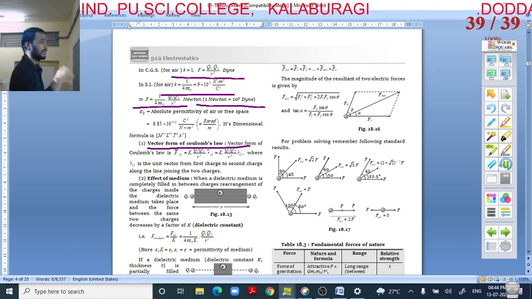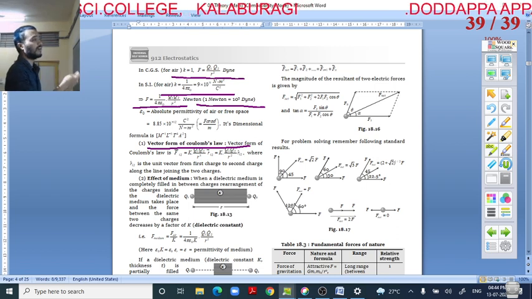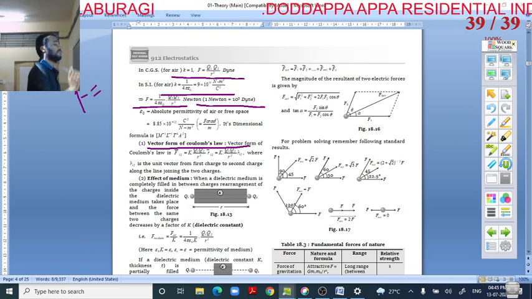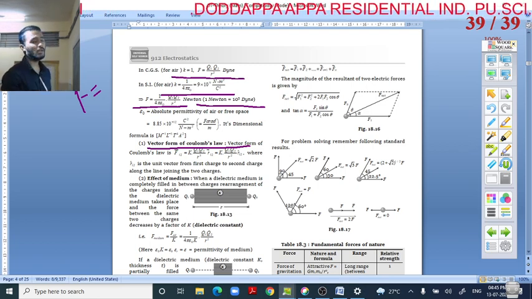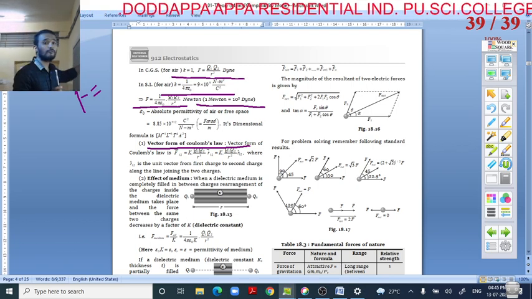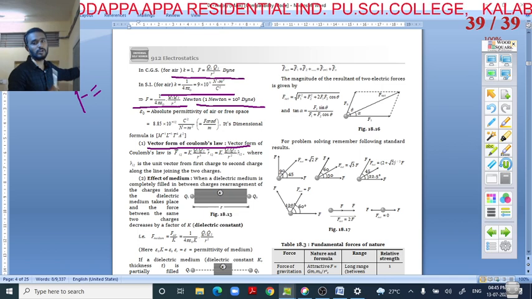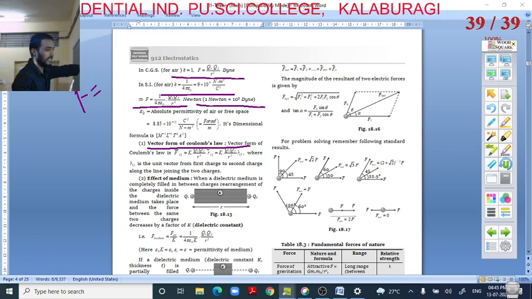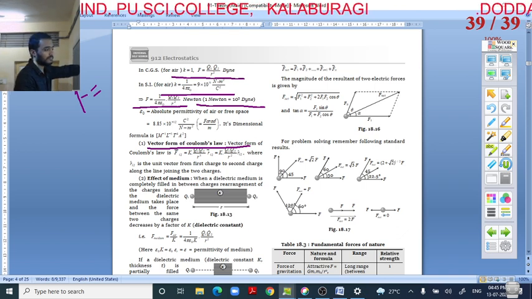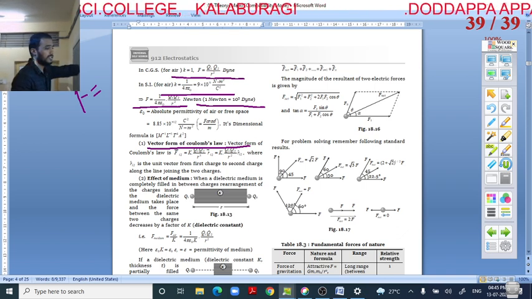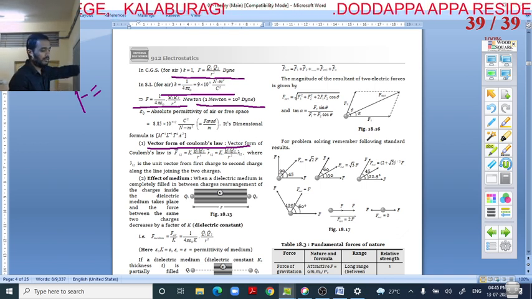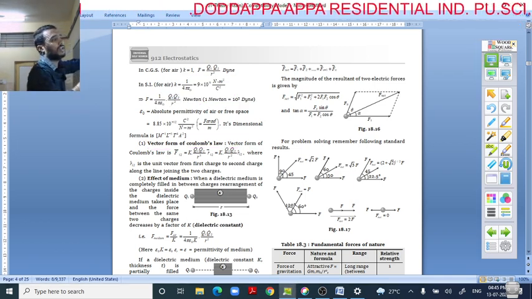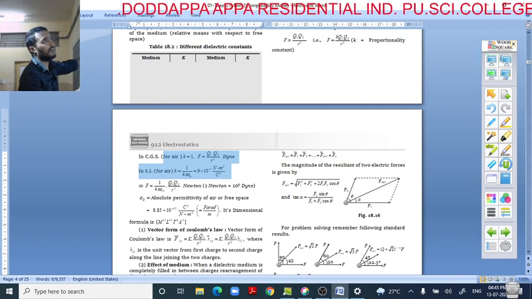It is very similar to what we have discussed previously, that is the magnitude. Magnitude F is equal to 1 by 4 pi epsilon naught Q1 Q2 divided by R square is the magnitude of the force of attraction or repulsion between the two point charges. Now the vector form of Coulomb's law. To understand the vector form, you can go through this figure.